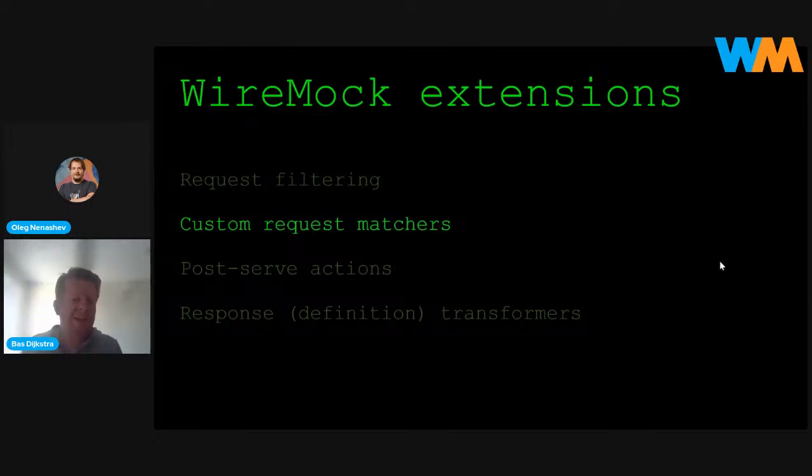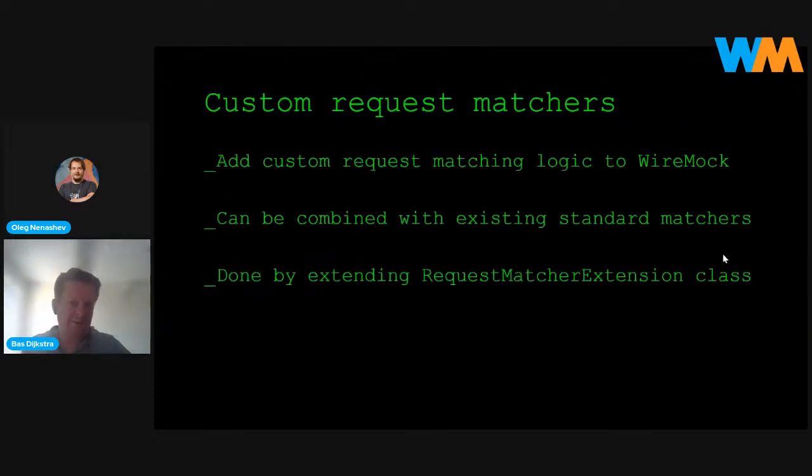But for those cases where the built-in request matchers just aren't enough, you can also build your own request matching logic. Maybe the best thing about this is that it's not either-or. You don't need to choose between the built-in request matchers and your own custom-built ones. There's no need to recreate existing request matching logic, but you can combine them.